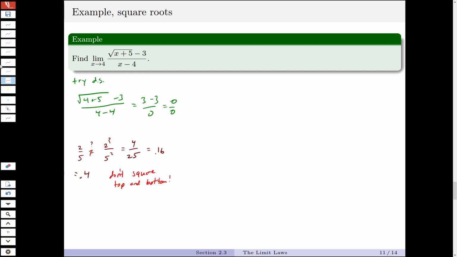Okay, we do have a technique that will get rid of that square root.